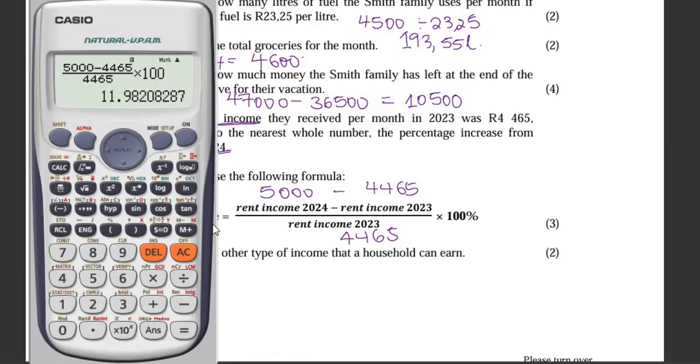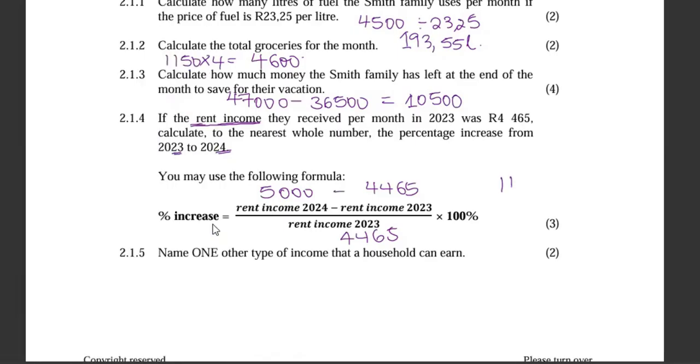So the percentage is 11,998. Remember they said round off. Calculate to the nearest whole number. So the nearest whole number here becomes 12%.